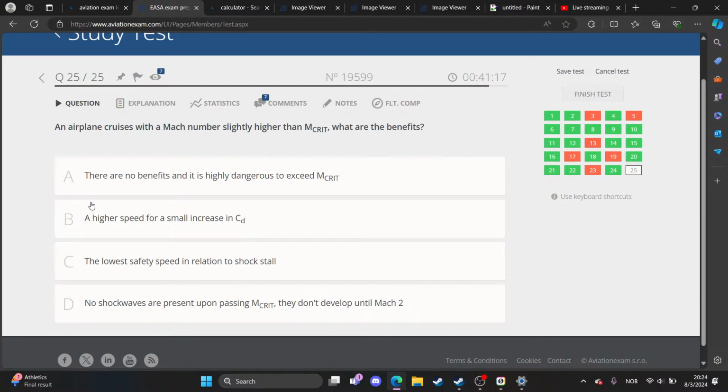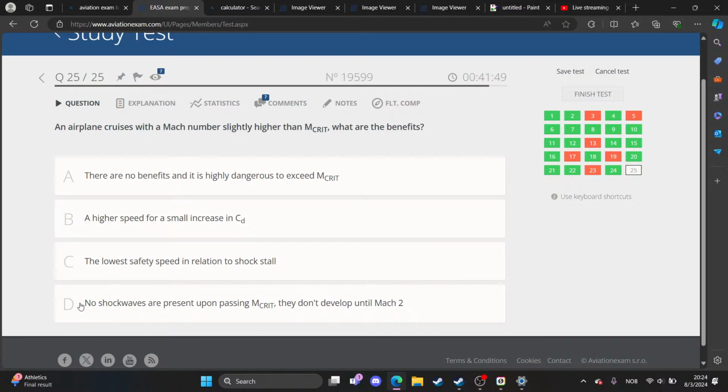Airplane cruising with a Mach number slightly higher than Mcrit. What are the benefits? This is wrong. B is wrong. Charlie, the lowest safety speed in relation to shock stall. No shock waves are present upon passing Mcrit.